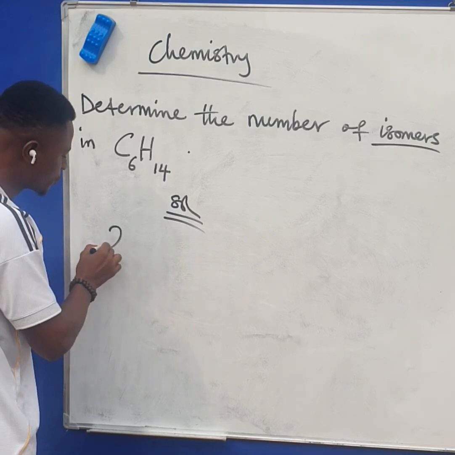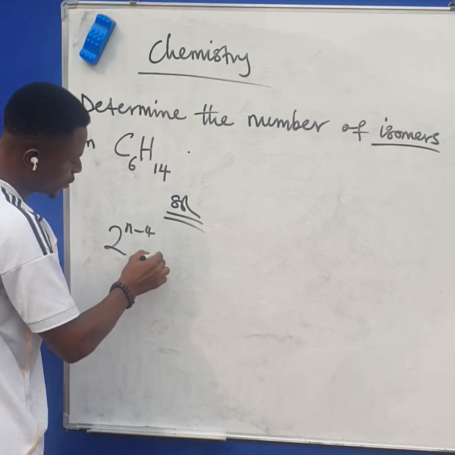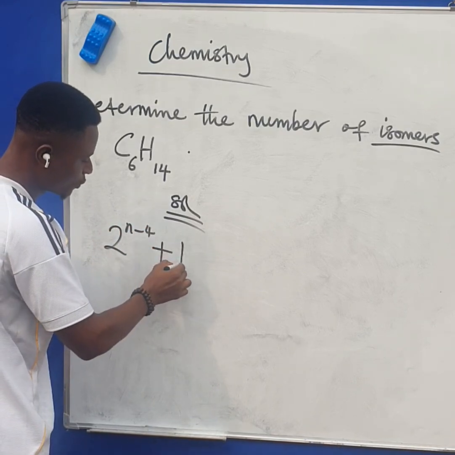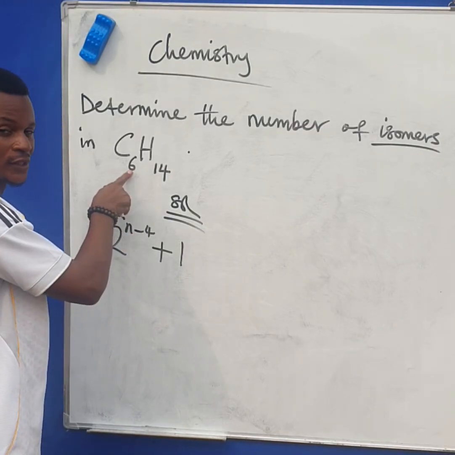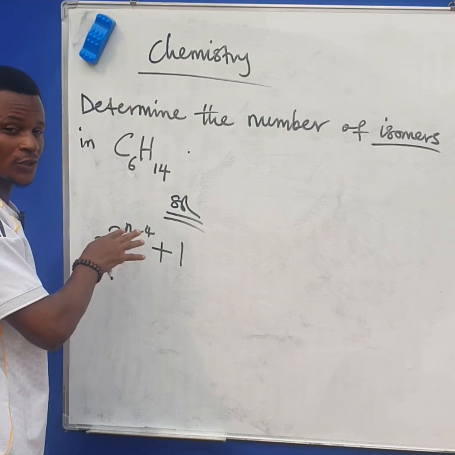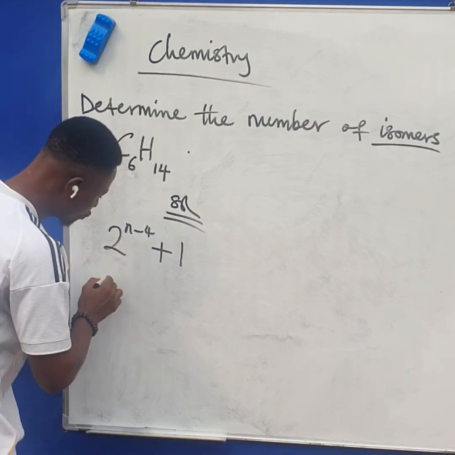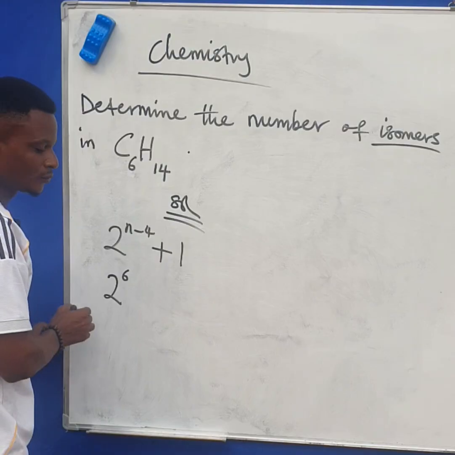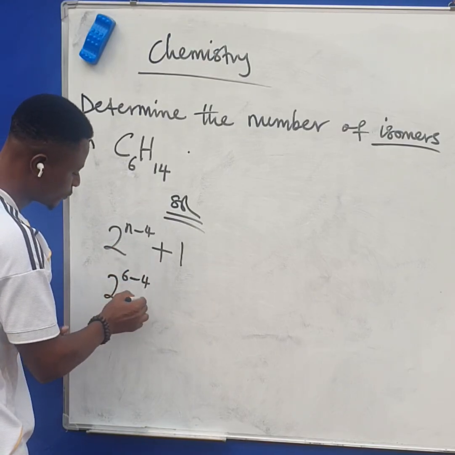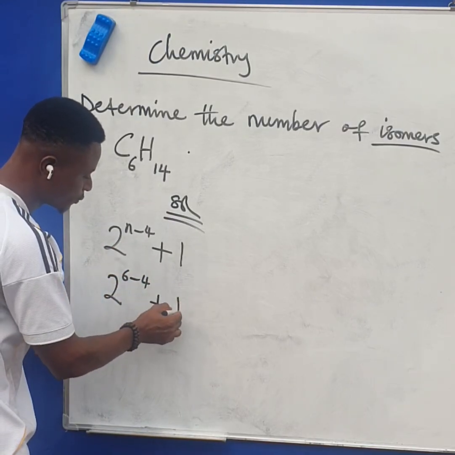Our formula is 2 raised to the power of n minus 4, then plus 1. So if we substitute in place of this n, we are going to put 6, because the n stands for the number of carbon atoms. So we have 2 raised to the power of 6, minus 4, plus 1.